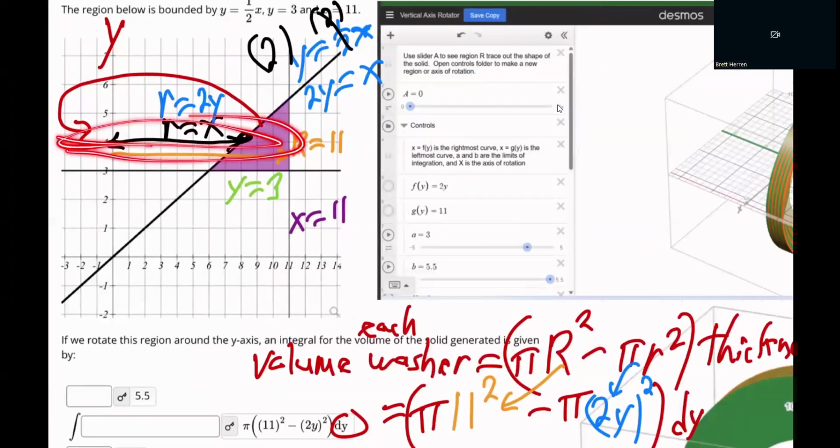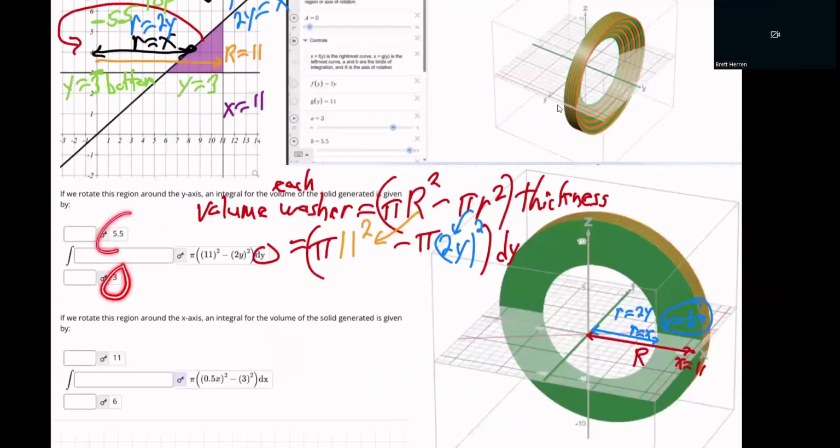So we're going from the bottom, which is, or sorry, 3, to the top, which is 5.5. So there's our integral from 3 to 5.5 of pi, just factor the pi, 11 squared minus 2y squared dy. That integral will compute the volume of this weird three-dimensional shape.